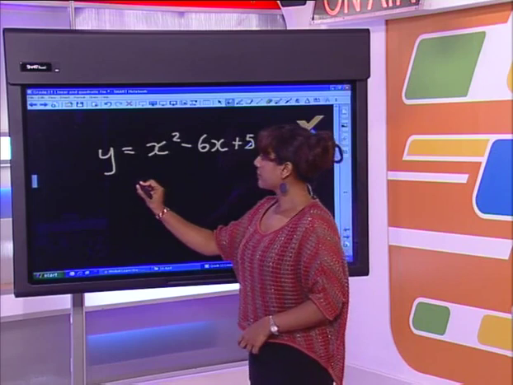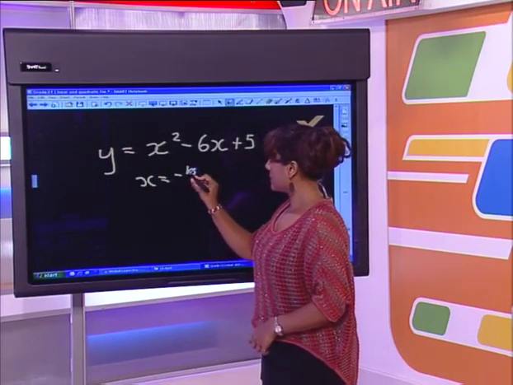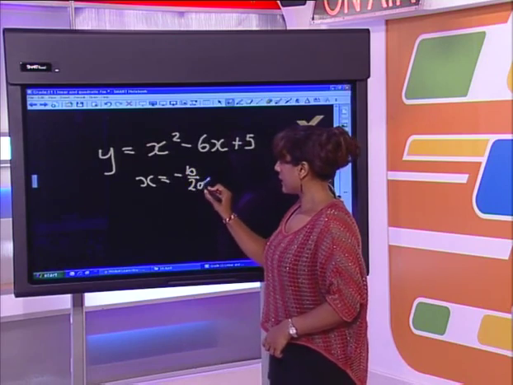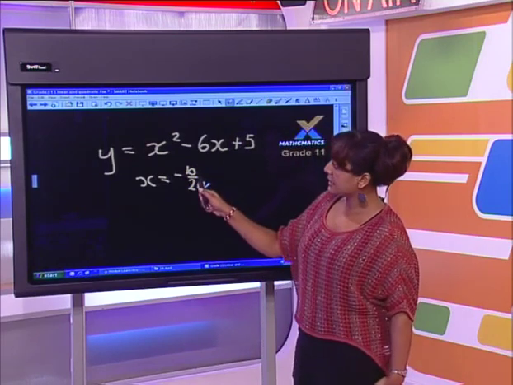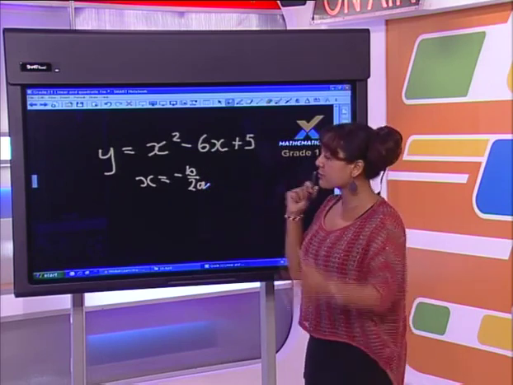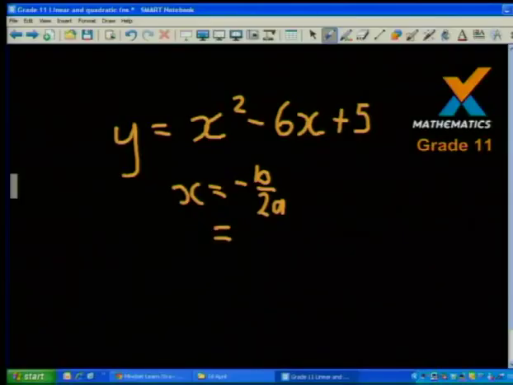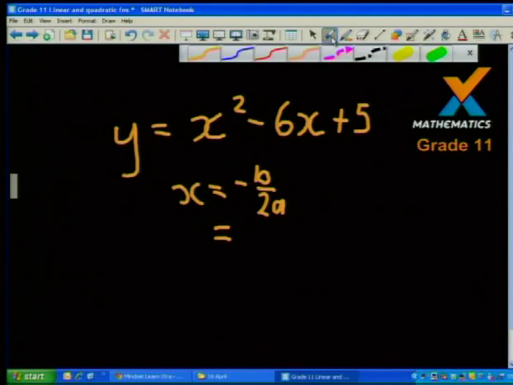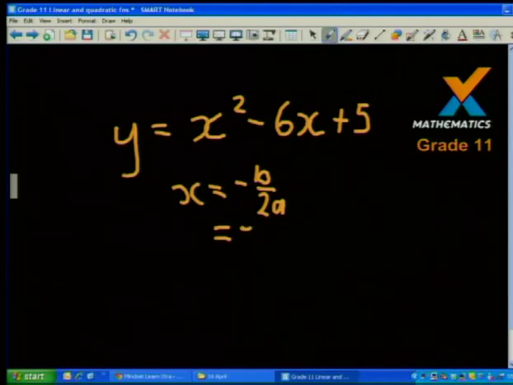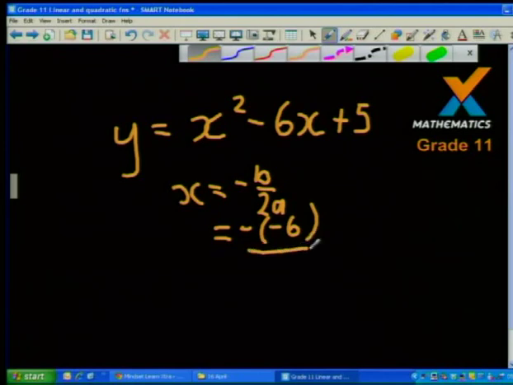So if I'm using x is equal to minus b all over 2a, all right? Remember, b is the coefficient of the x value. So in this case, it's going to be minus 6. Remember to put it in with your sign. So it's going to be x is equal to minus, times minus 6, all over.